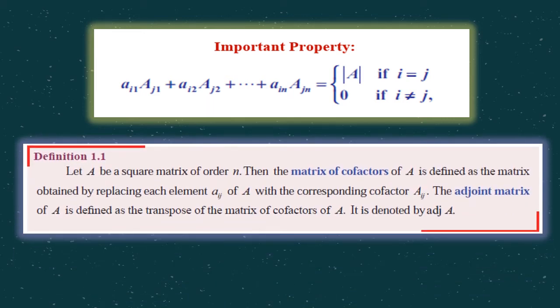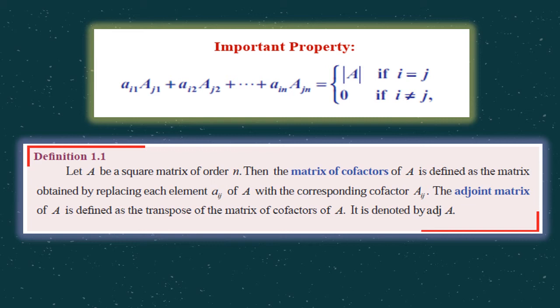Okay. So the definition 1.1. Let capital A be a square matrix of order n, then the matrix of cofactors of capital A is defined as the matrix obtained by replacing each element small aij of capital A with the corresponding cofactor capital Aij.